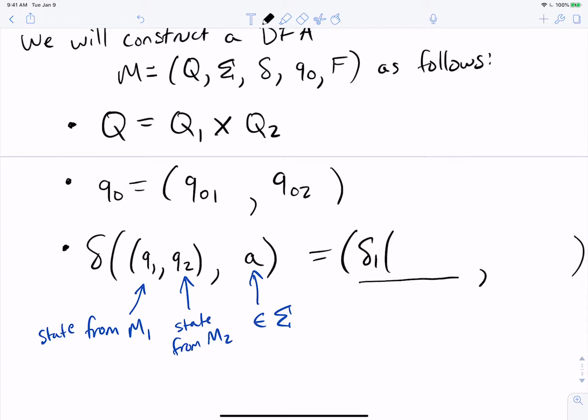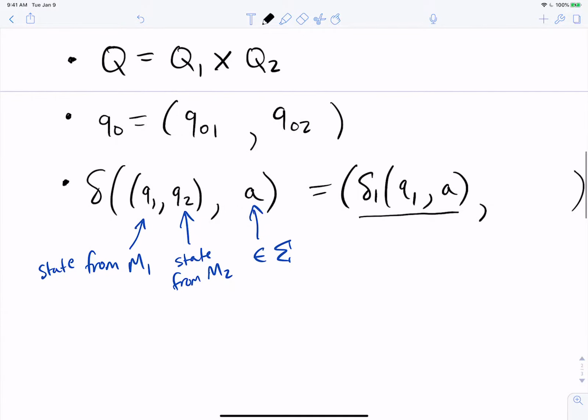Q1, exactly. Q1, and what is the character that we need to feed? It's just A. Excellent. And so then what do you think is going to be in the second coordinate? Delta 2 and Q2. Excellent.